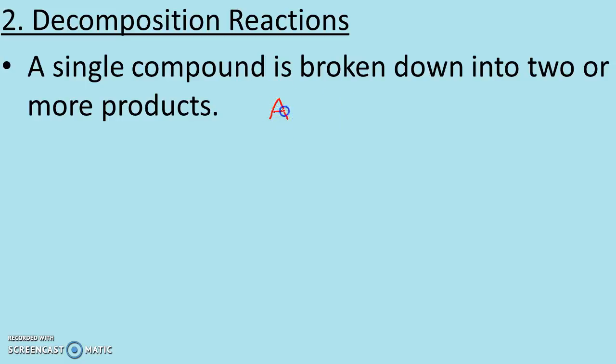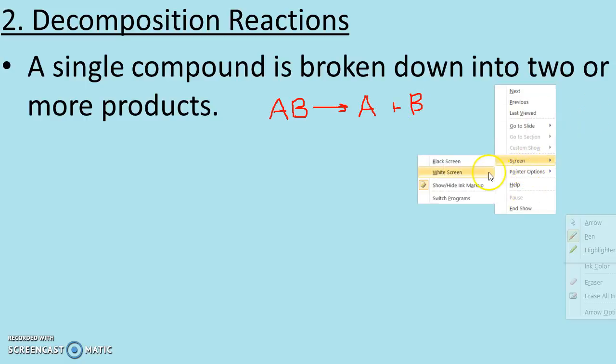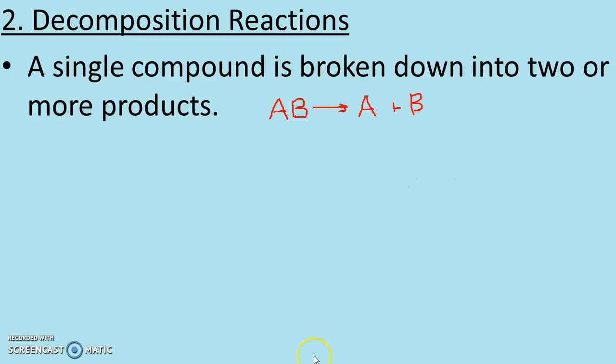So let's say we started with compound AB, and we broke it down, we decomposed it into A plus B. Okay, so it's exactly the opposite of a synthesis reaction.